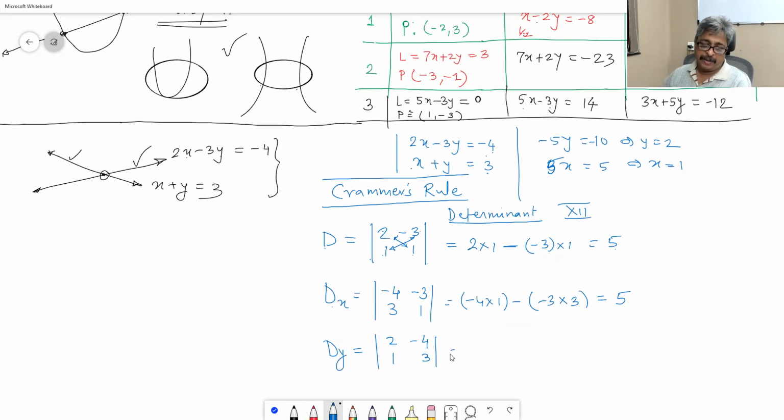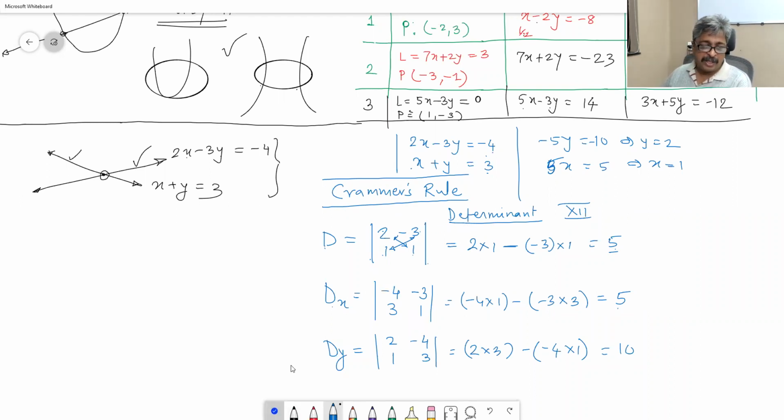Dy: 2 into 3 minus 4 into 1. How much is this? 6 plus 4, 10. Actually, these numbers are already present in our earlier calculations. Whatever we did there, exactly the same thing we are doing here, but in a different fashion, with different looks, calling it a new name, determinant.